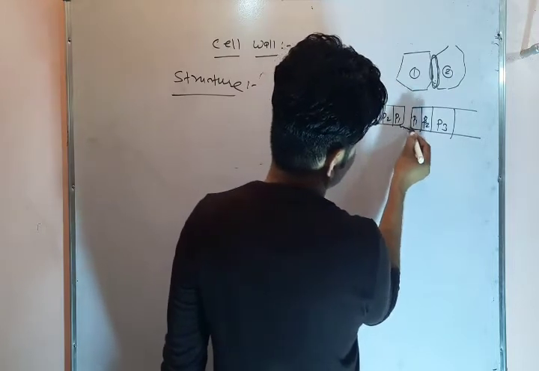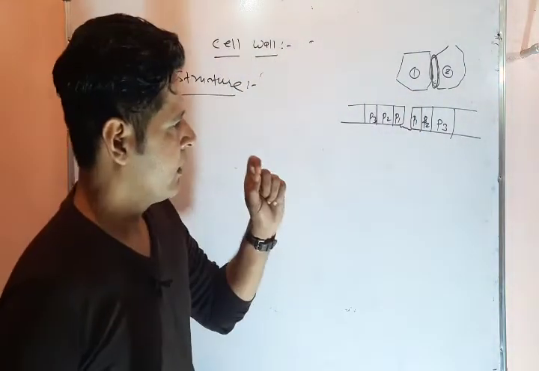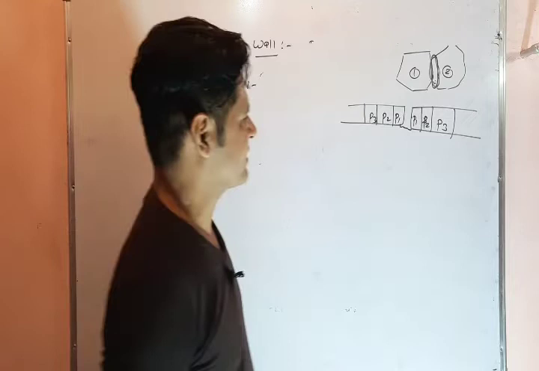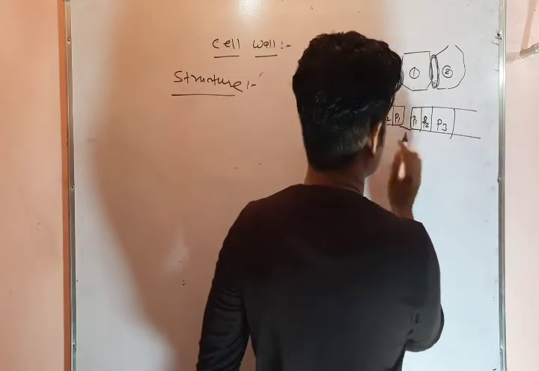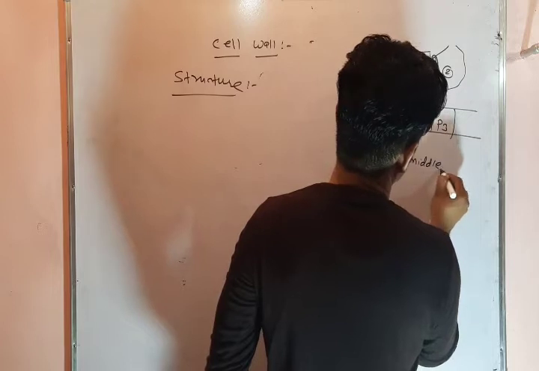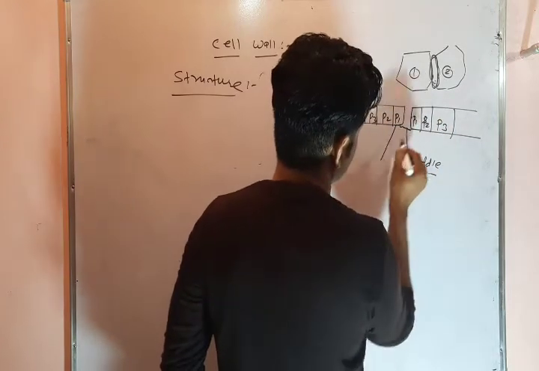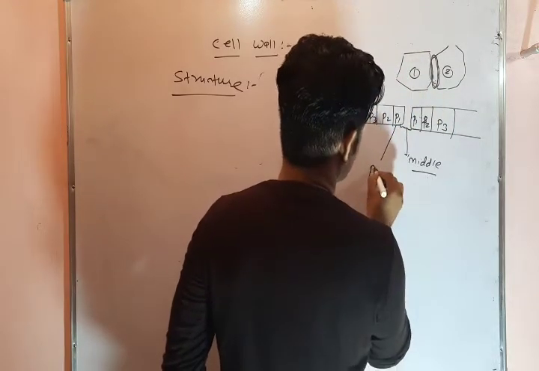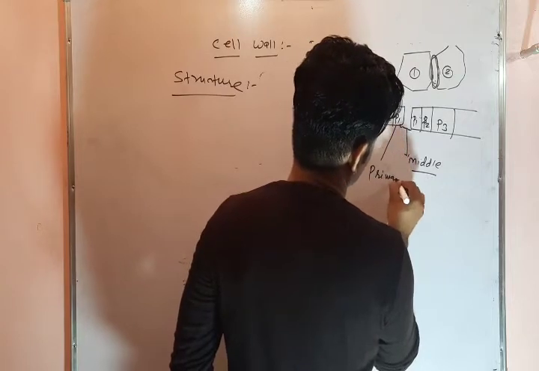This is the layer which is present between two cells, known as the middle lamella. This is the middle lamella, and this P1 is known as the primary cell wall.